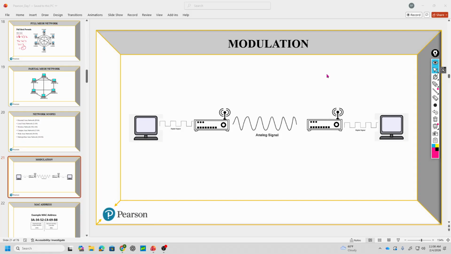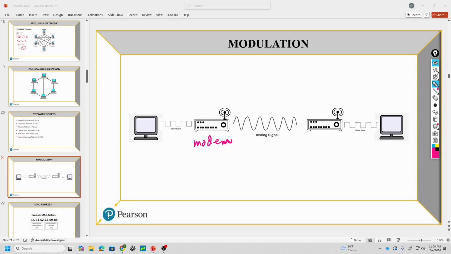Now, modulation and transferring data. From the beginning, computers have always been digital, okay? But the internet was not, because it was originally being transferred over phone lines, which were analog. So that's why we had this thing called the modem, and it would modulate that signal.